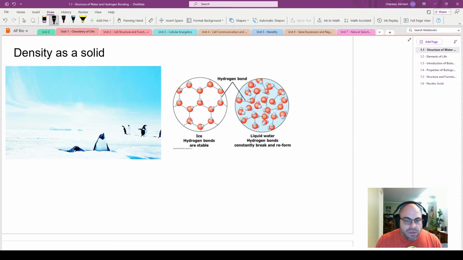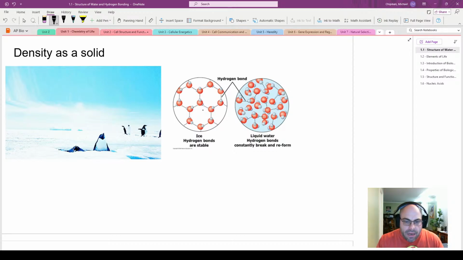It's like having a bunch of little beads in a tray that has a little spot for them, and you can jiggle them, but when you slow it down, all the little beads will find their spot and set there. And when they do that, they lock into place, right? And they spread out when they do that, so they take up more space, but they're still the same amount of matter, right?